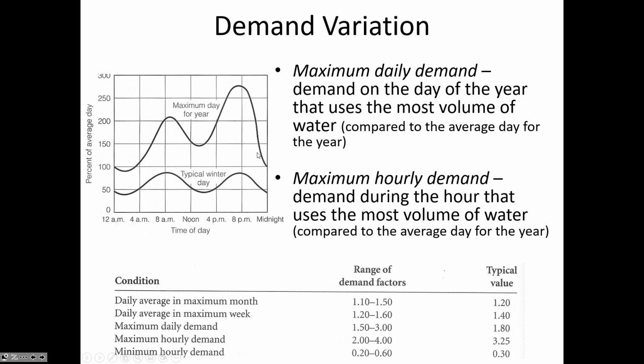Well, let's just talk a little bit about demand variation and the fact that the use for water isn't steady throughout the course of a day. Even though a lot of times we will quantify demand on an average daily basis, in terms of how many cubic meters of water is required per day, it varies a lot during the course of that 24-hour period.